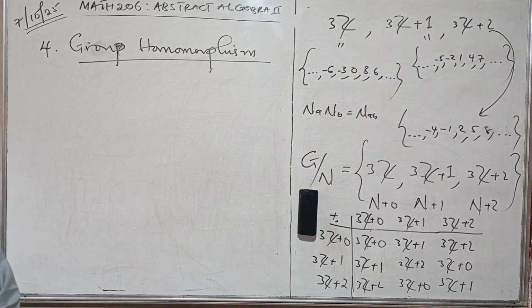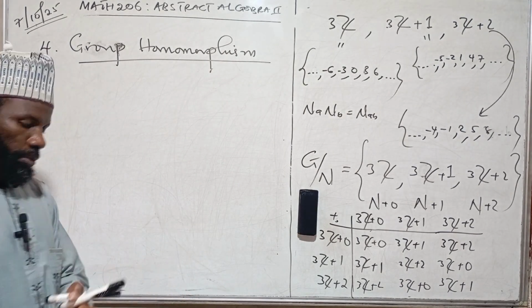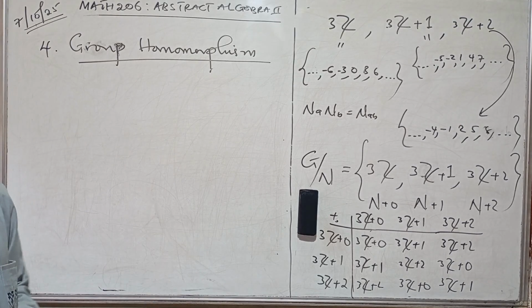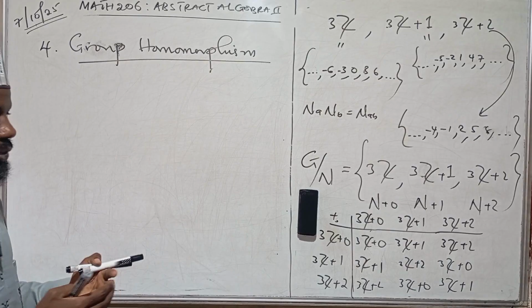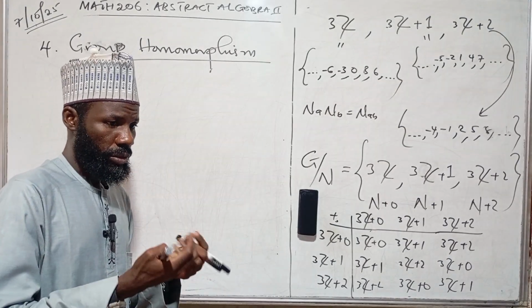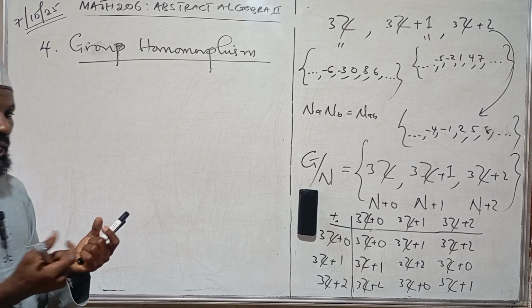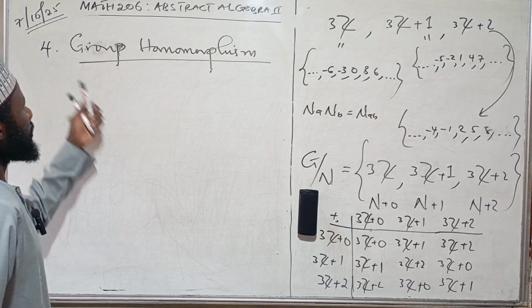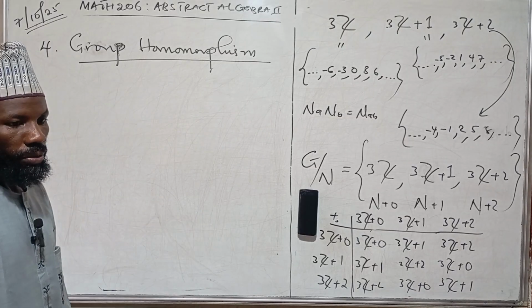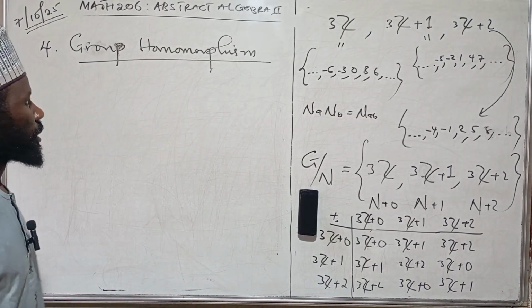But what is the advantage of having structure preserving mappings? It is to be able to identify which groups are similar, or which groups are the same. Because at times you will not be able to say whether groups are the same by merely looking at them. You have to do some extra work to decide whether they are the same. And that will be provided by the notion of homomorphism and the isomorphism of the structures.